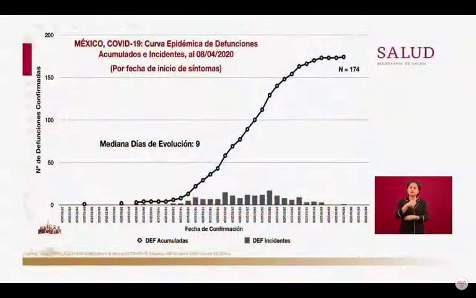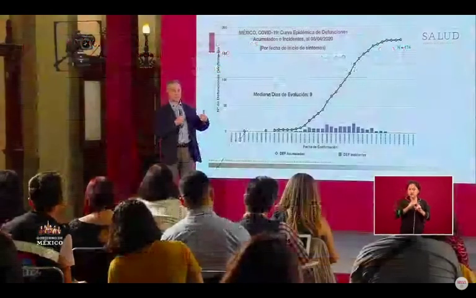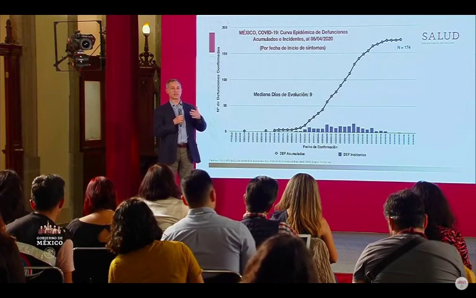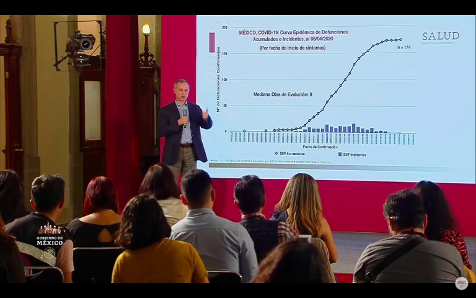And unfortunately, we've had 174 COVID-19 related fatalities so far in Mexico. And here we see the daily registry of how many people have lost their lives to COVID every day, compared to the day the symptoms began being displayed.